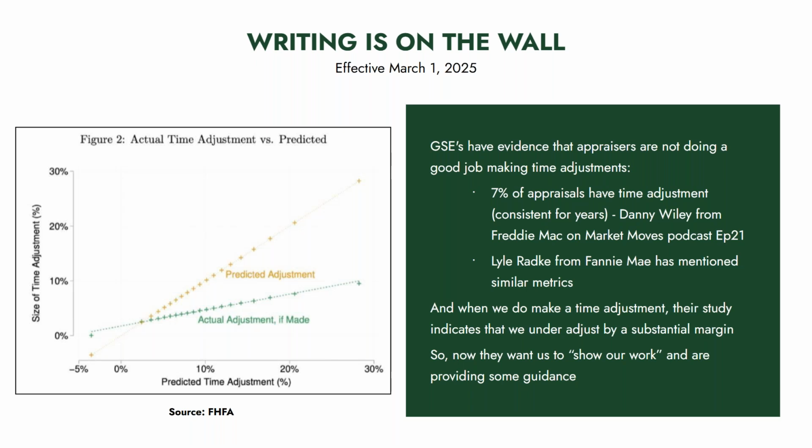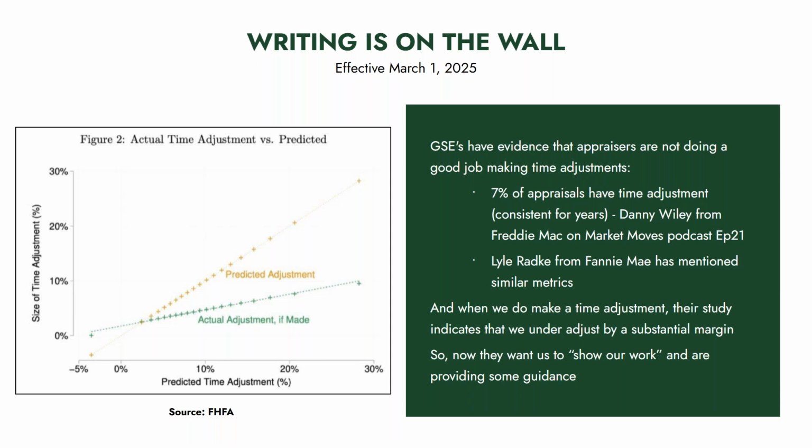Lyle Radke from Fannie Mae has also mentioned similar metrics. If you look at the chart on the left, it shows based on this FHFA study the actual adjustment the appraiser made in green versus the predicted adjustment that the models said should have been made. You can see even when the appraiser did make the time adjustments, they didn't necessarily align with what Fannie and Freddie thought, and they were less than that by a substantial margin.